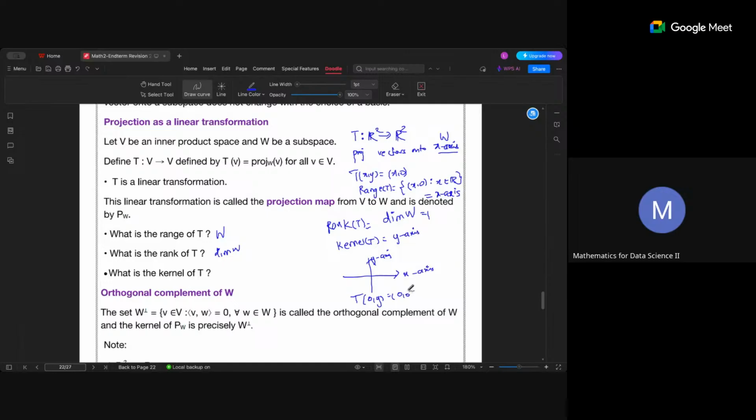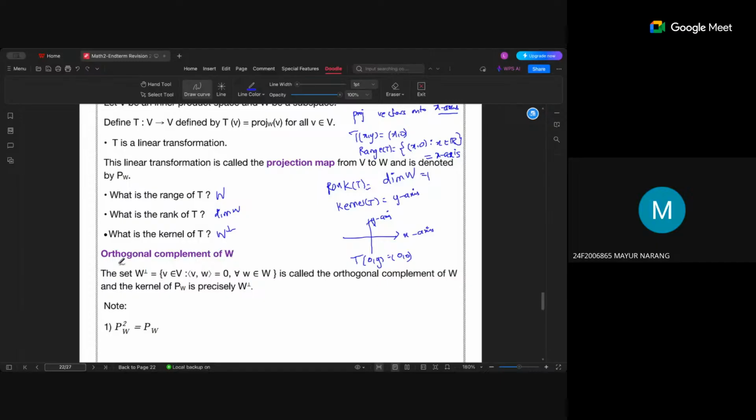It maps to 0, 0, right? So what is the y-axis representing? It is the orthogonal complement of the x-axis. So the kernel of T is the orthogonal complement of W. This is an example from which you can easily answer this question. If you are not able to remember the answer, you can quickly go to this example and verify.